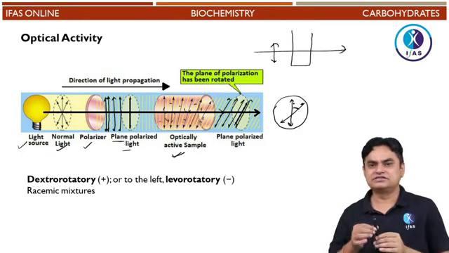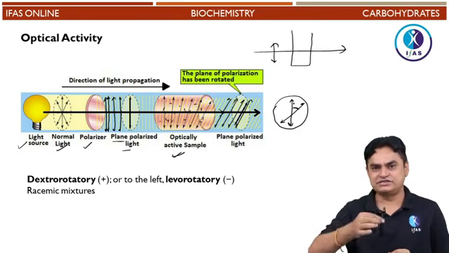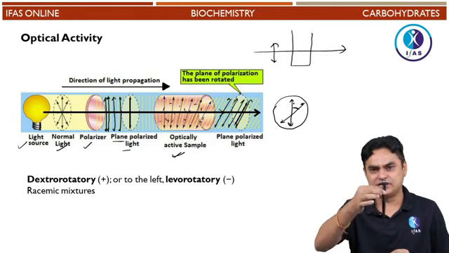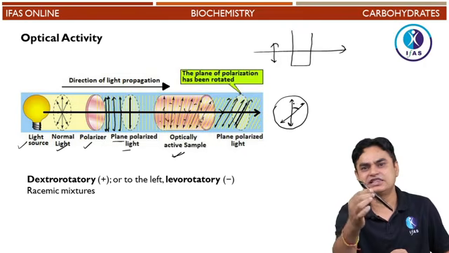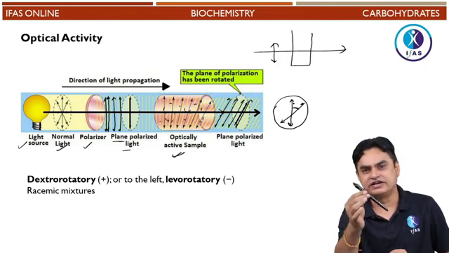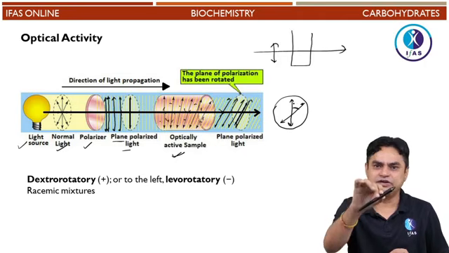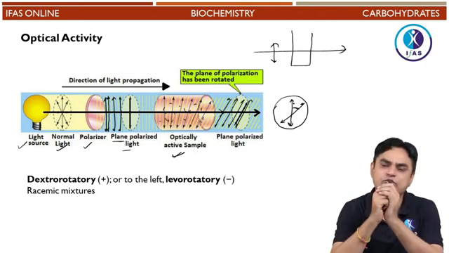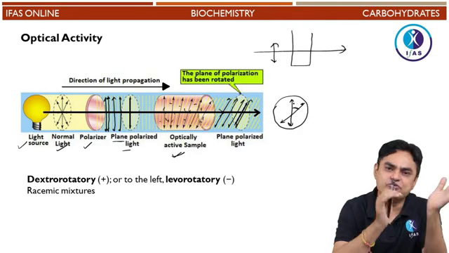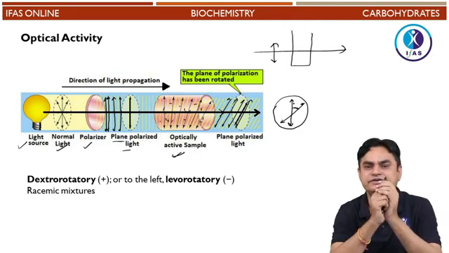Once it passes through the sample, all particles are oscillating like this. Still they are plane polarized light, but they have rotated. Now the rotation could be in an anti-clockwise direction or in a clockwise direction. On the basis of this, the molecules are referred to as either levorotatory or dextrorotatory.